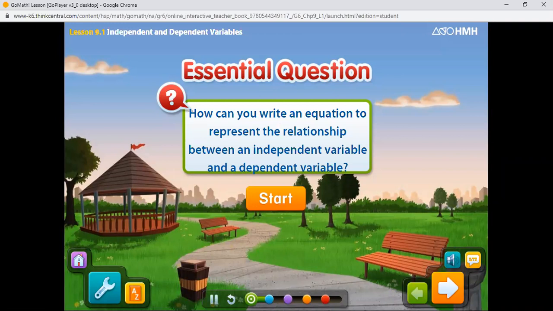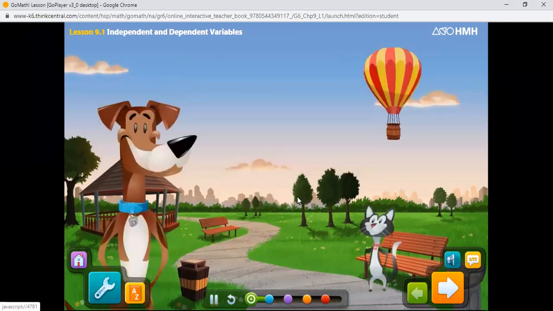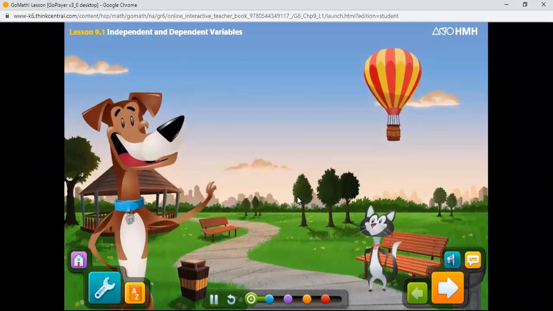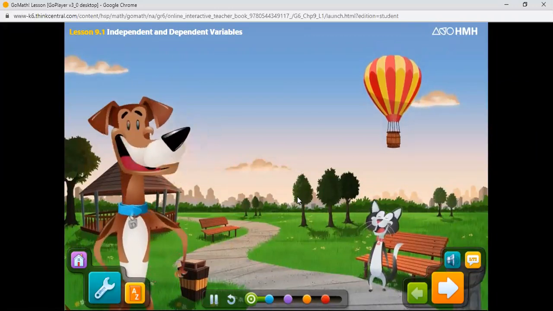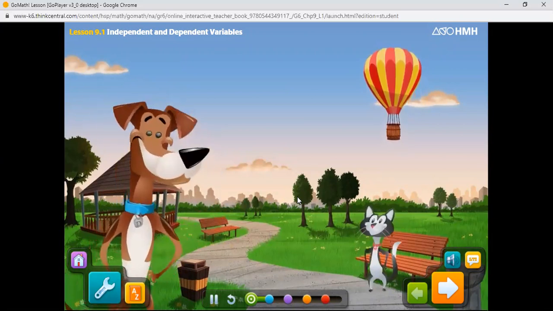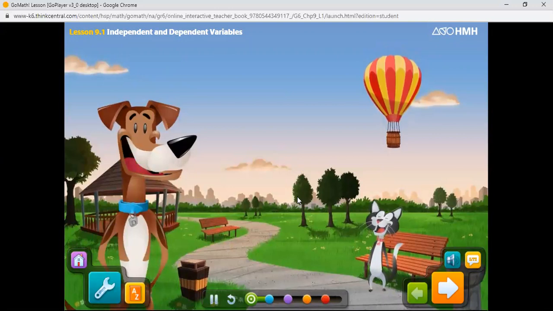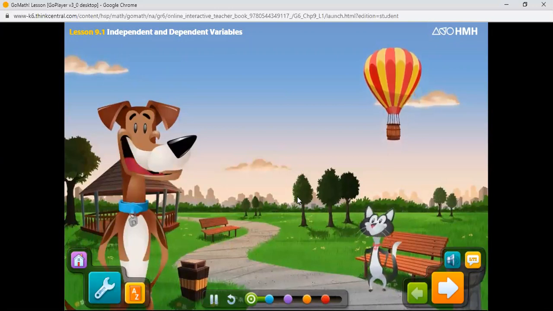How can you write an equation to represent the relationship between an independent variable and a dependent variable? Hey there, Coco and I are enjoying this beautiful day at the park. A local business offers tours in hot air balloons. I bet you can see the whole town from way up there. Look, there's one in the sky now. It doesn't look like the hot air balloon is moving very fast. Could you check its speed?